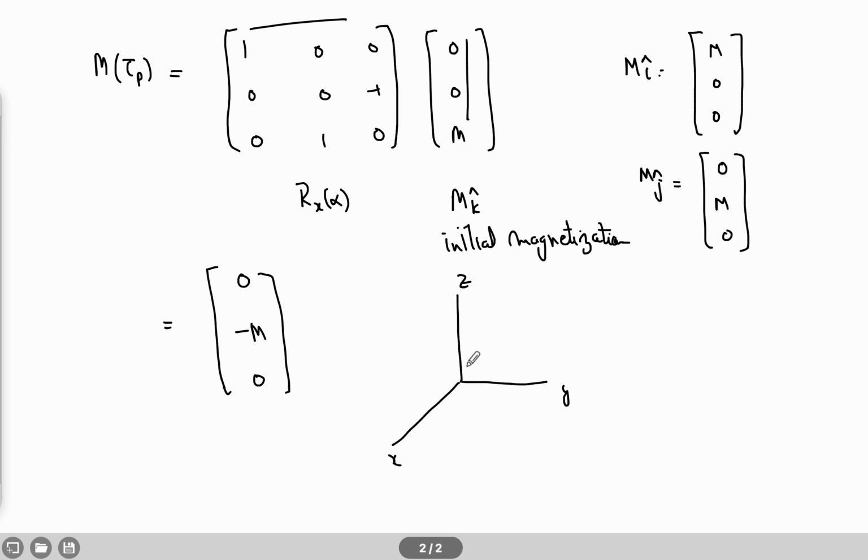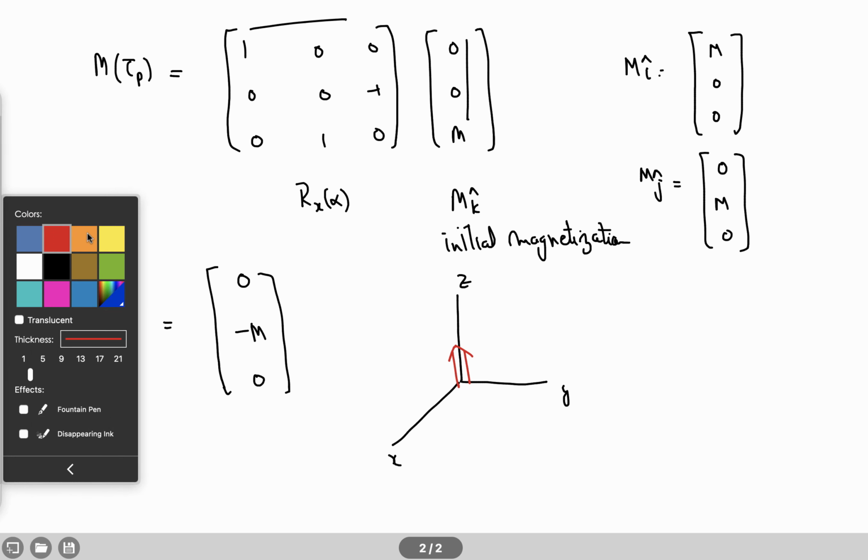So what we have done here is, if this is my magnetization and this is the direction of the B1 field, and this will be my rotation. Okay. So the new magnetization is along this axis.